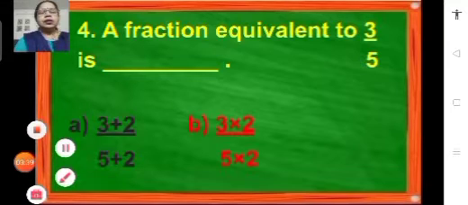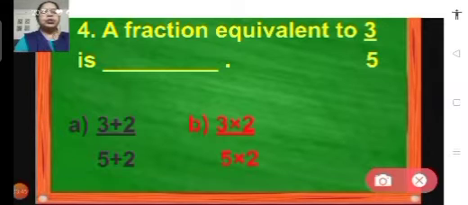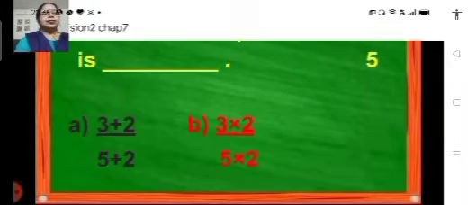So the first option is addition, 3 plus 2 upon 5 plus 2. This is wrong because addition is not included here. This is the right option. To get an equivalent fraction, we multiply both the numerator and denominator by a same number. So option B is the correct answer.